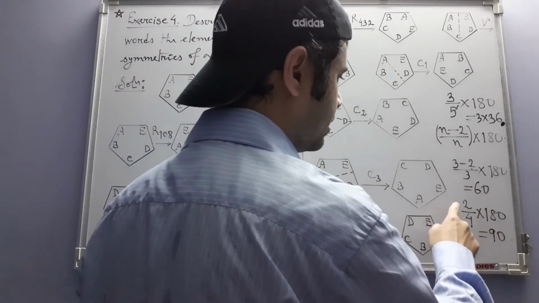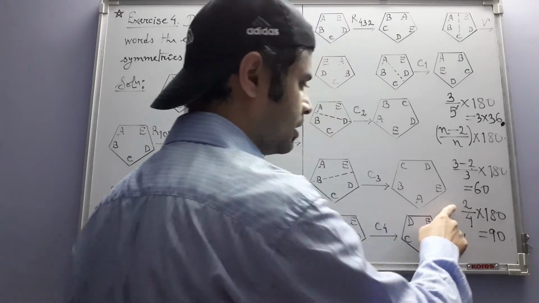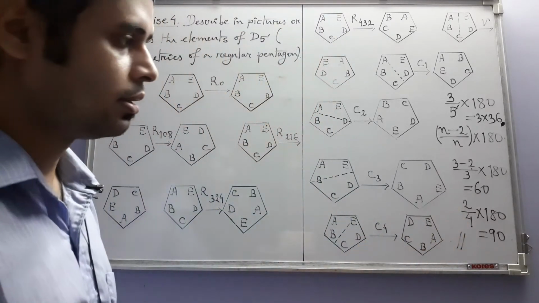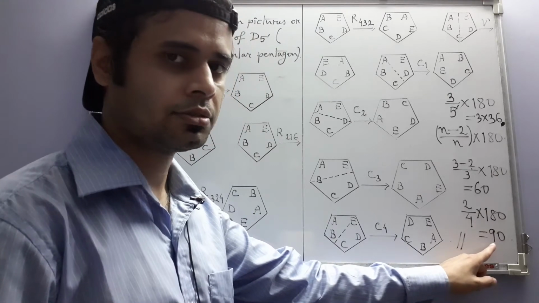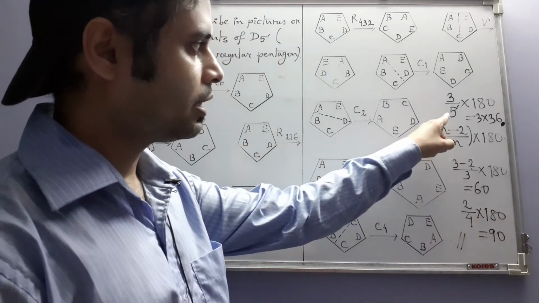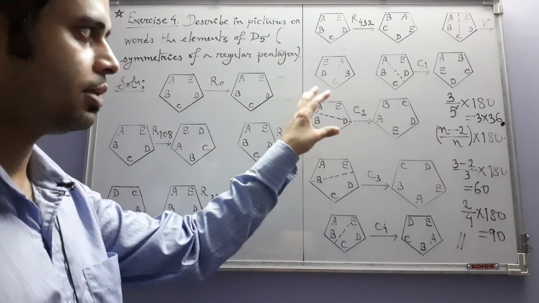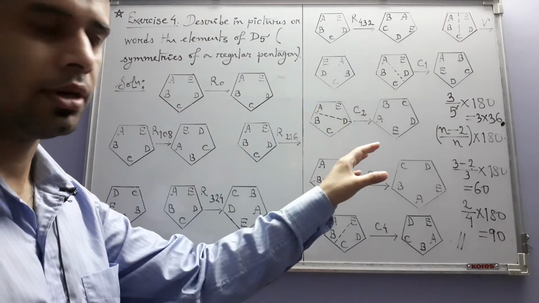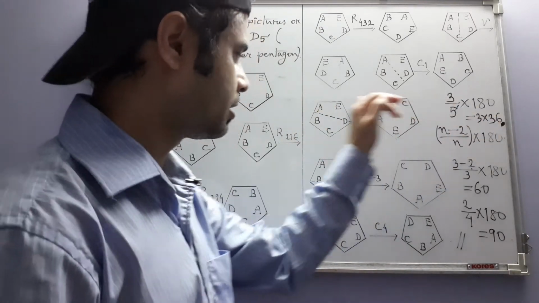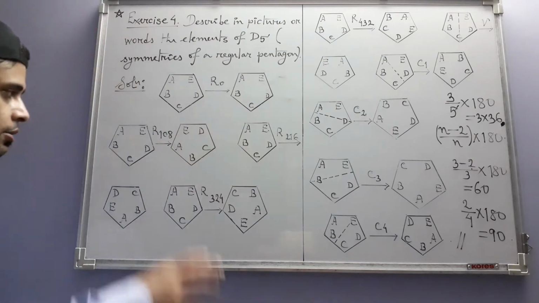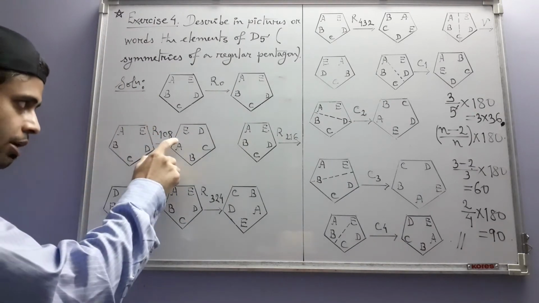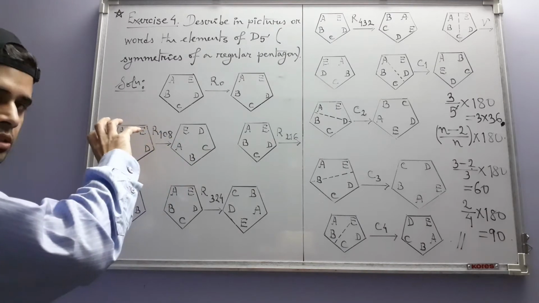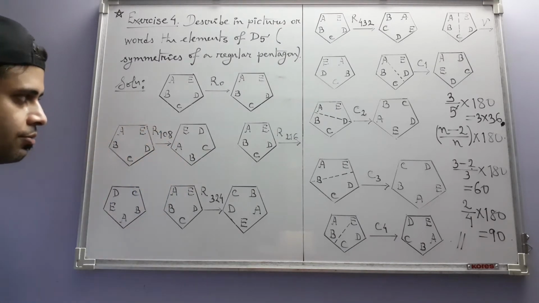Or if you take n equal to 4, then you are considering a square, and it turns out that the internal angles are 90 degrees, which is true. And if you take n equal to 5, then you get the internal angle of a regular pentagon, which turns out to be 108 degrees. So we are rotating the pentagon like this through an angle 108 degree in the counterclockwise direction about that center of rotation.